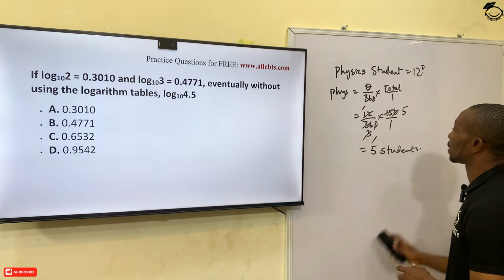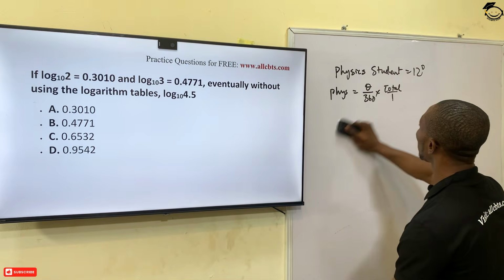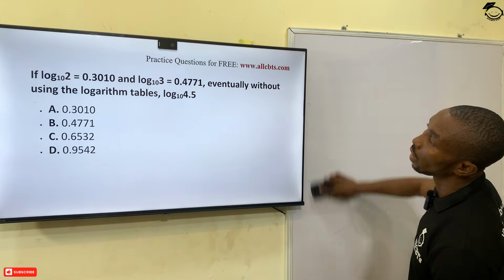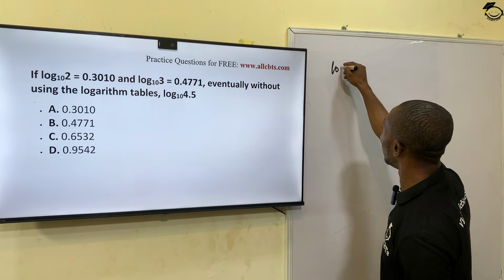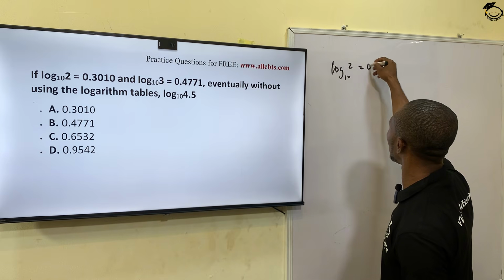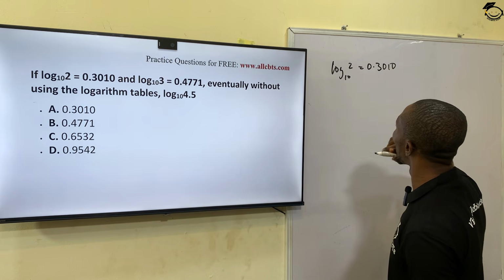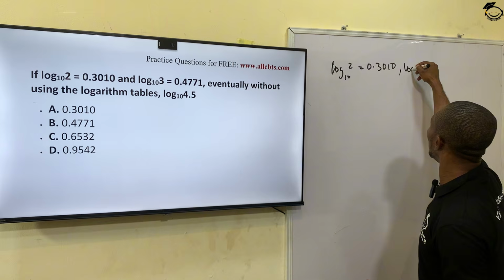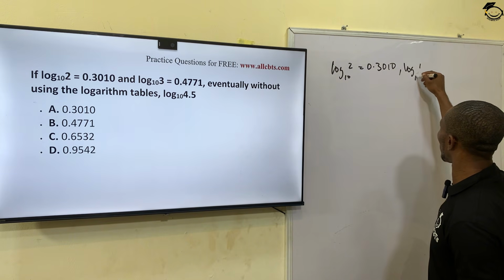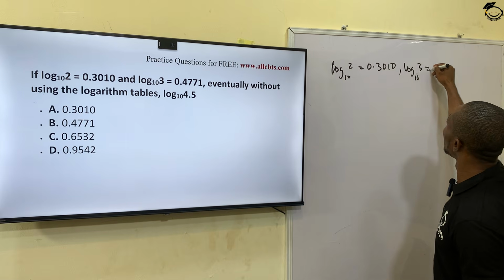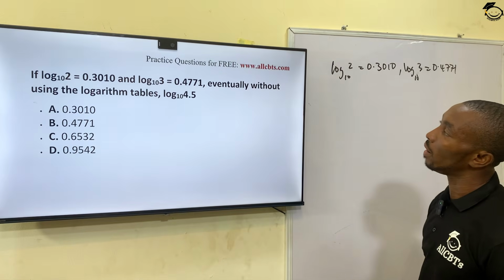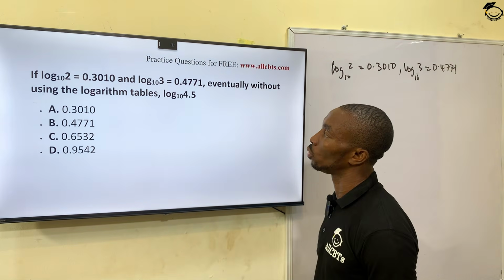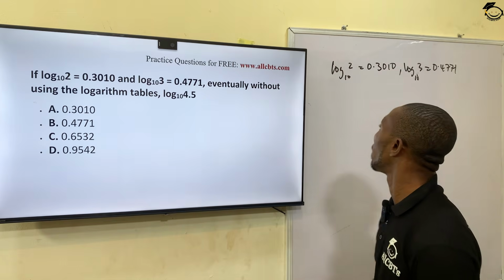Now, our next question says, if log 2 base 10 equals 0.3010, and log 3 base 10 equals 0.4771, without using our table, we should evaluate log 4.5.